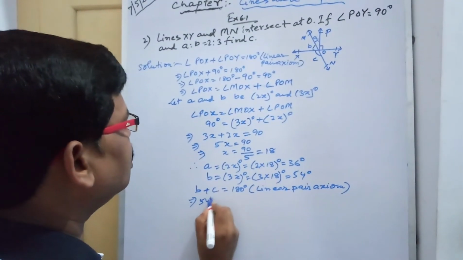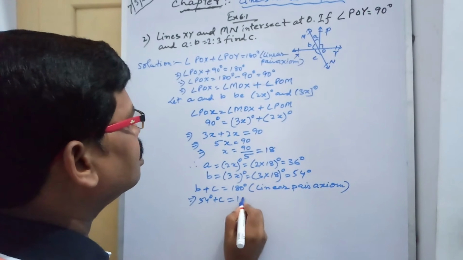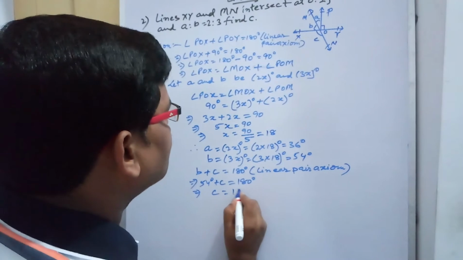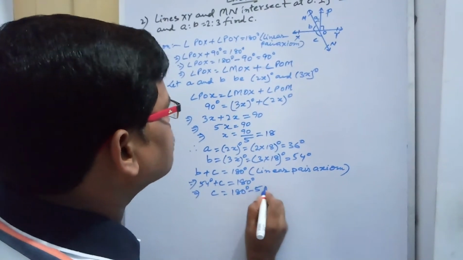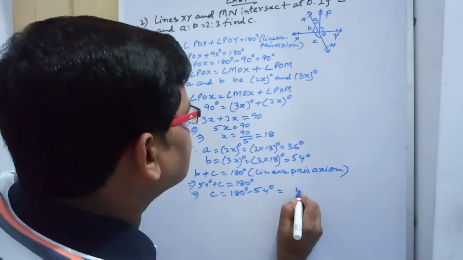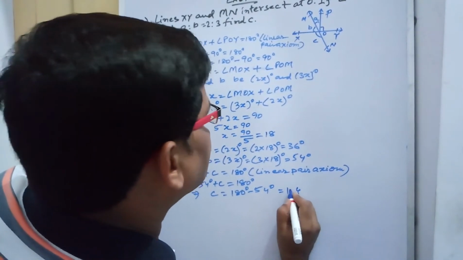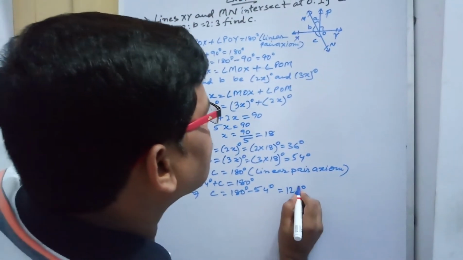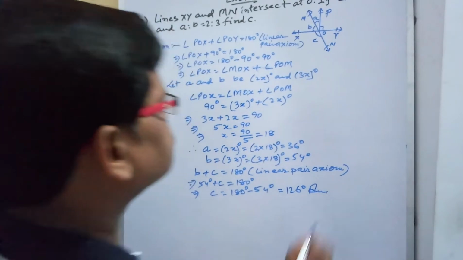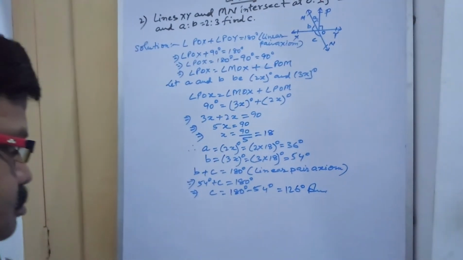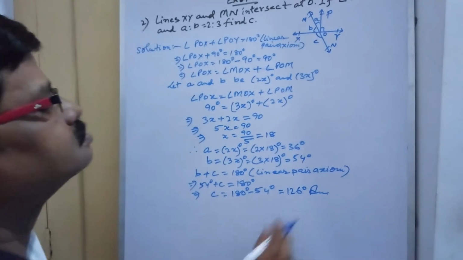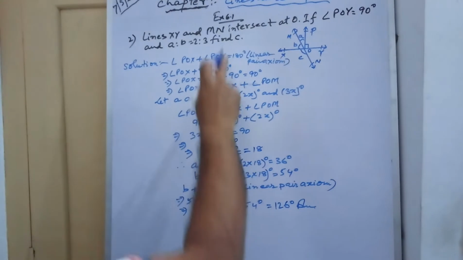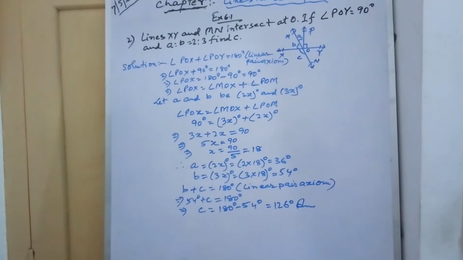So 54 degrees plus C equal to 180 degrees. C equals 180 degrees minus 54 degrees, which is 126 degrees. So angle C is 126 degrees. So you got the value of angle C.